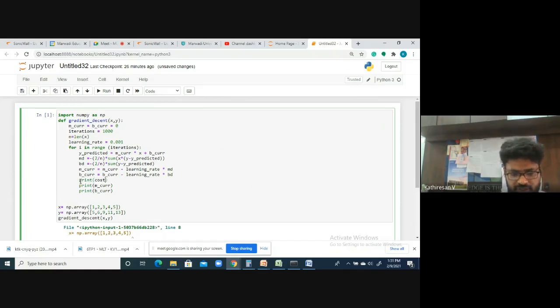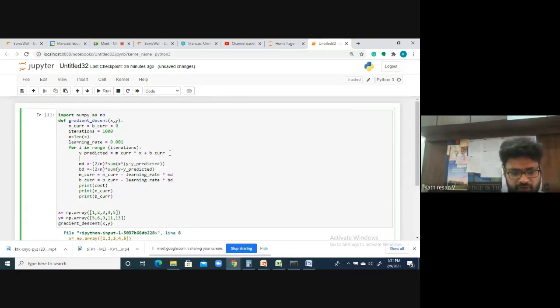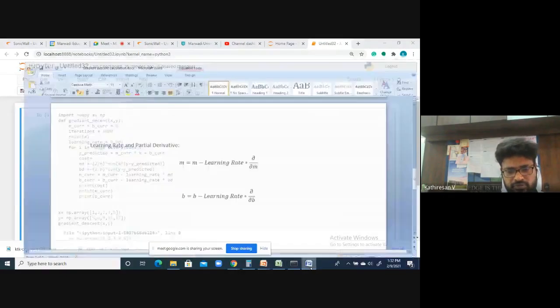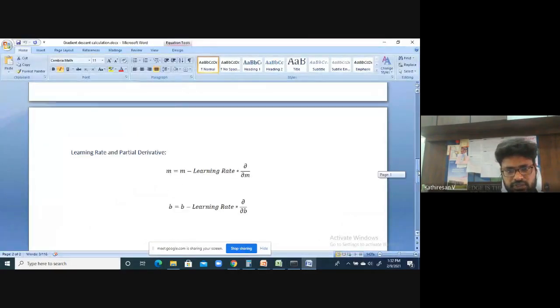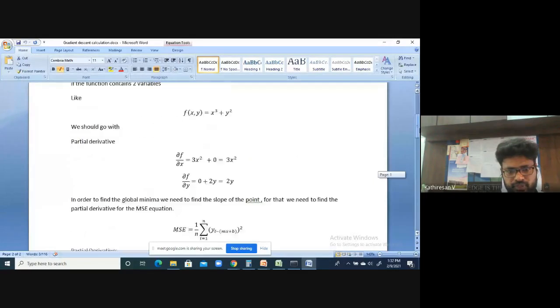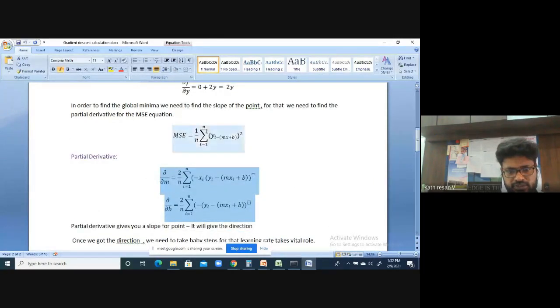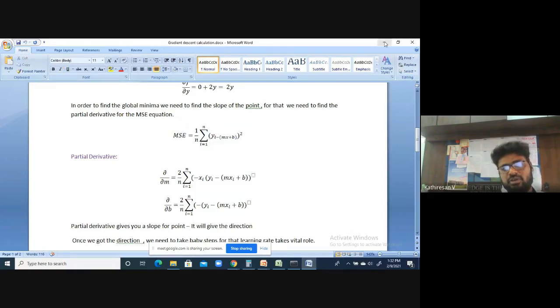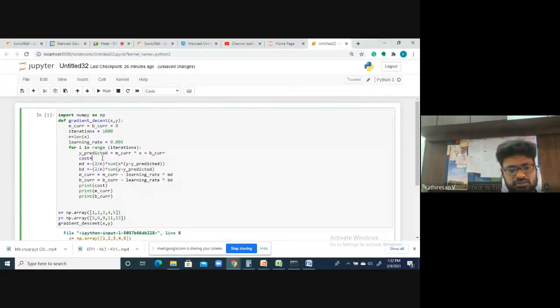Cost is nothing but the MSE. So based on that only we are finding the global minima, right? What is the formula for cost? This is the formula, everyone knows, right? This is the MSE formula, this formula we have to calculate.